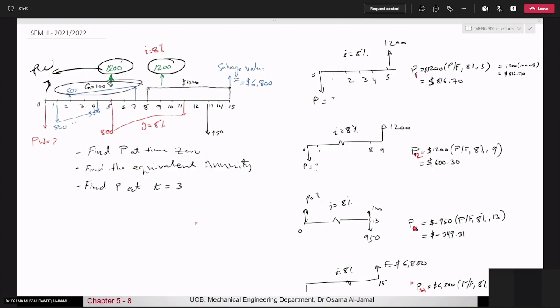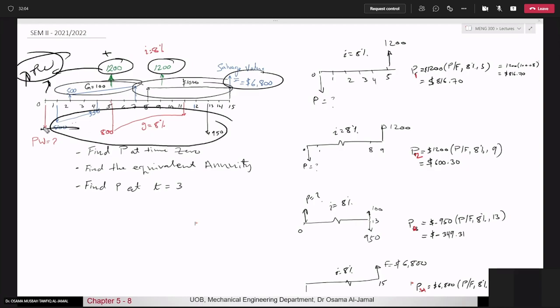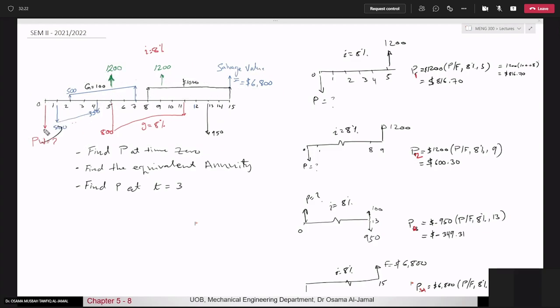So if they are positive, you are supposed to get a positive present worth for them. What we have in here, all of them are negative, so we are supposed to have a negative present worth for that. In here positive, in that one negative. Then we need to add them together to find the P total from all the cash flows available, upward and downward, to find the final present worth for that.